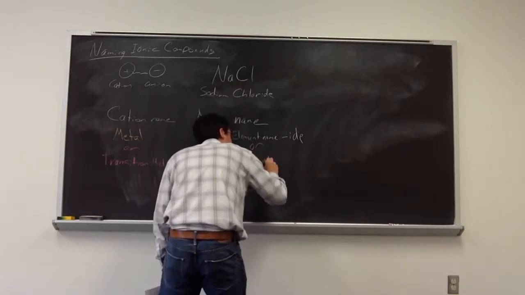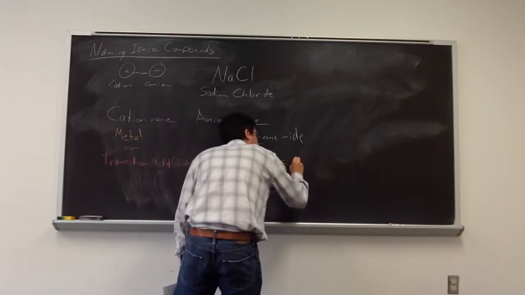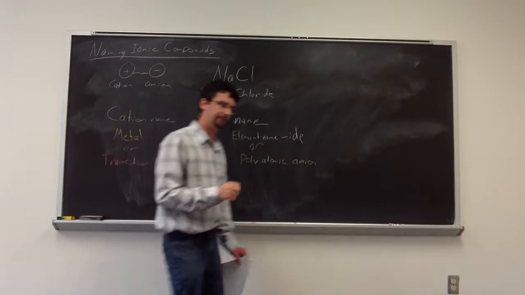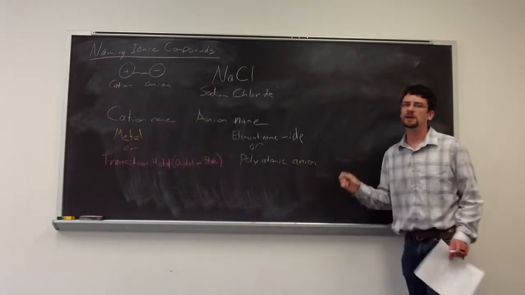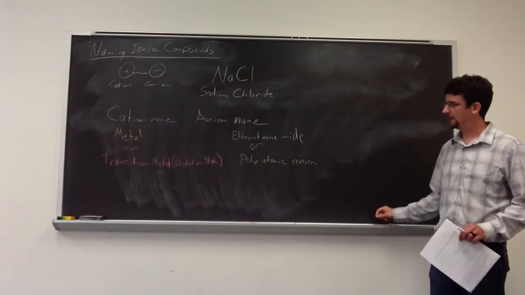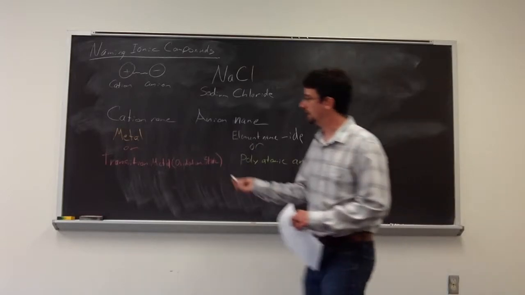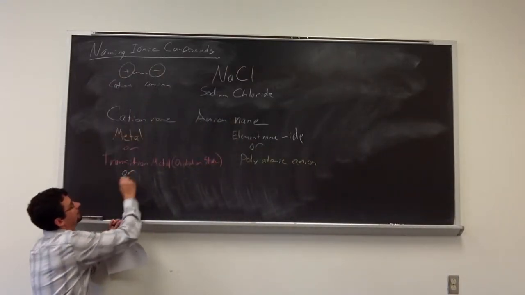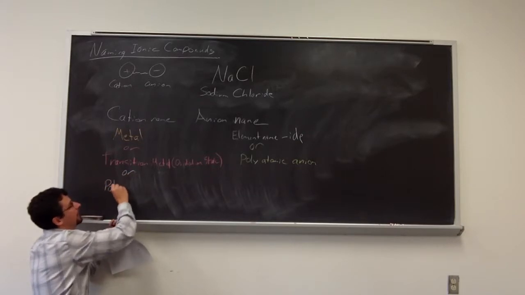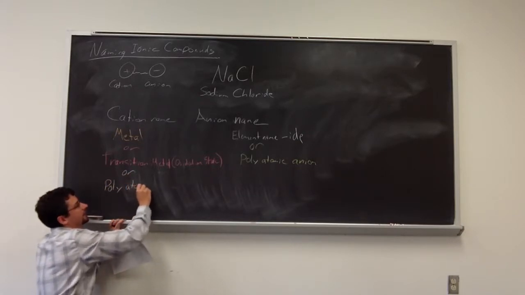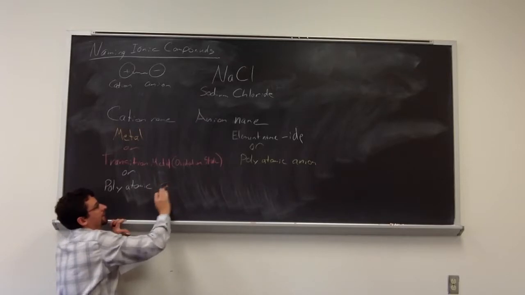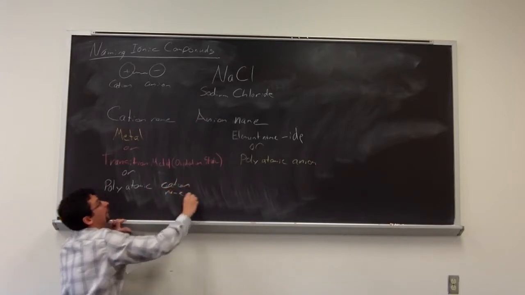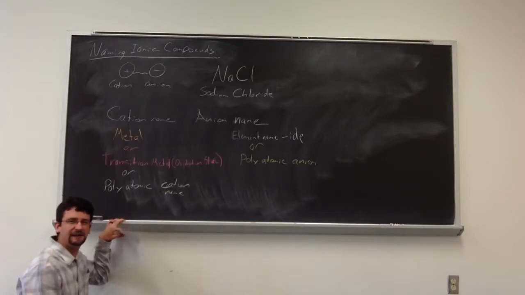These are things like carbonate, sulfate, chlorate, and so on. Additionally, we can have a polyatomic cation name when we're considering naming the cations.